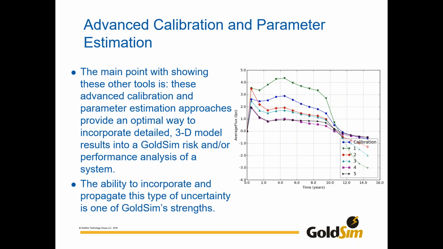And those, as we all know, come into GoldSim very easily and provide a great basis for risk and performance analysis. It's definitely one of GoldSim's biggest strengths, the ability to both incorporate and propagate this type of uncertainty. And so we often get questions of, oh, how do I develop probability distributions for my model inputs? And, how do I link a 3D model to GoldSim? And I would suggest that this is one of the best ways to do it. Okay.